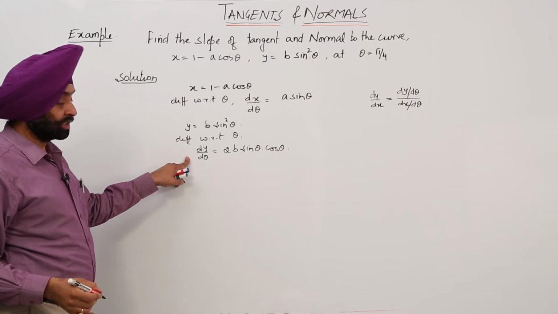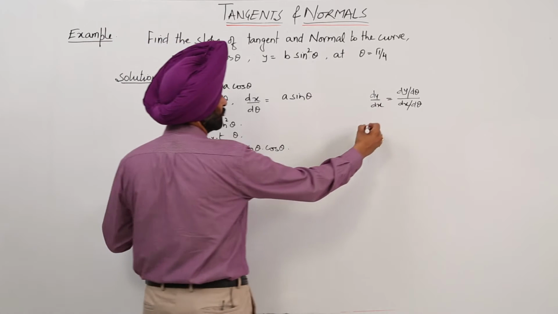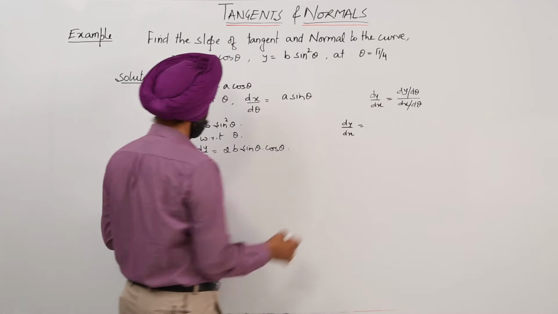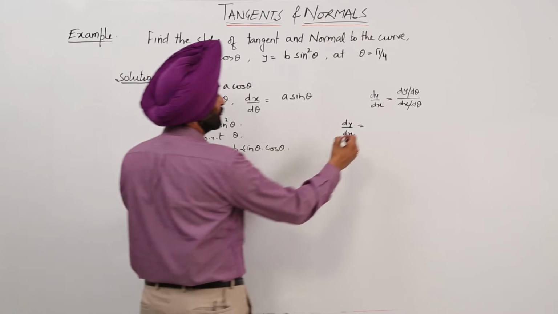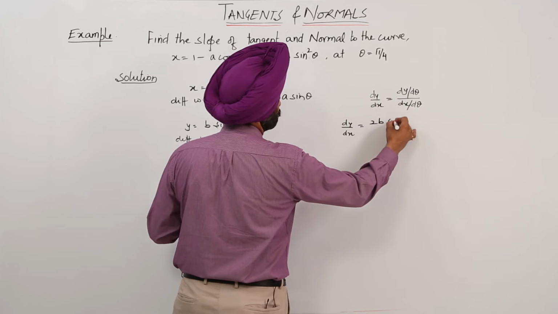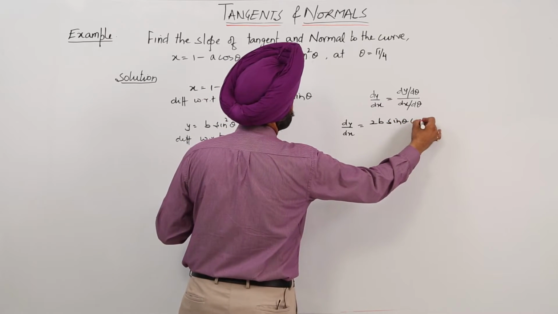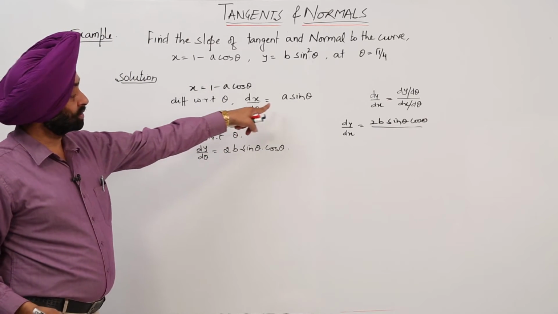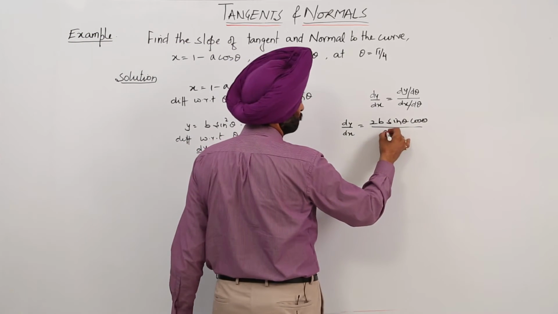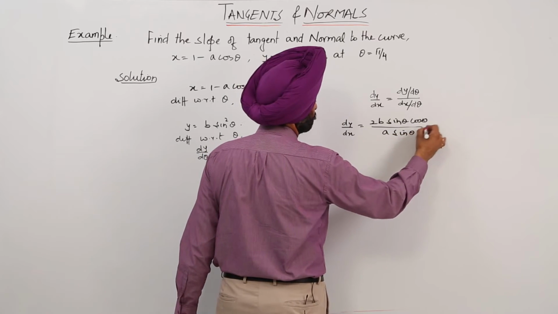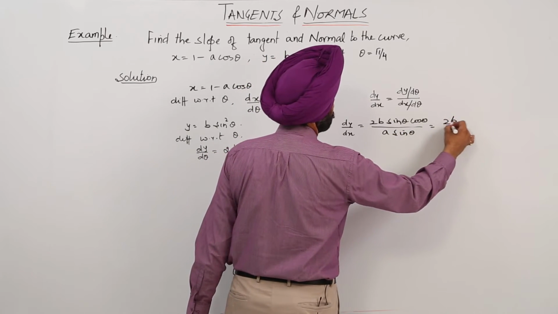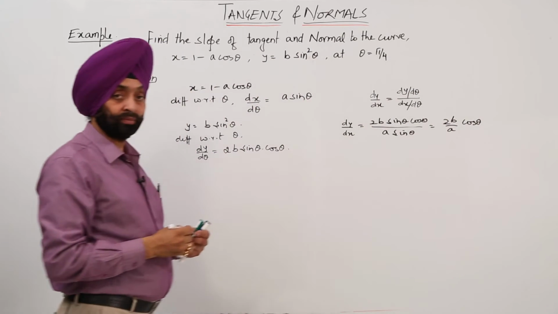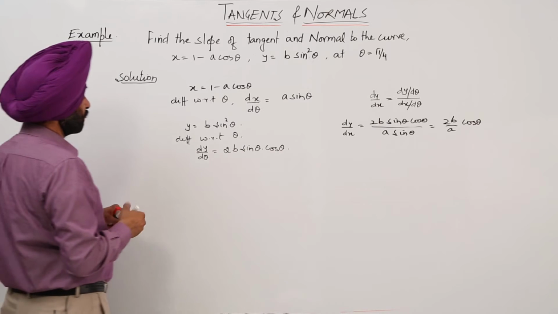Now dy by d theta is 2b sin theta cos theta, and dx by d theta is equal to a sin theta. Now this we are having 2b upon a cos theta.